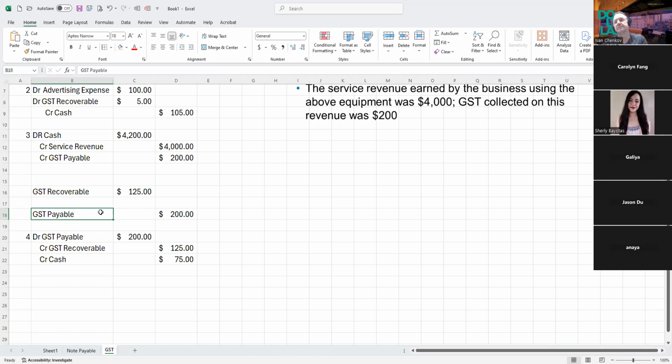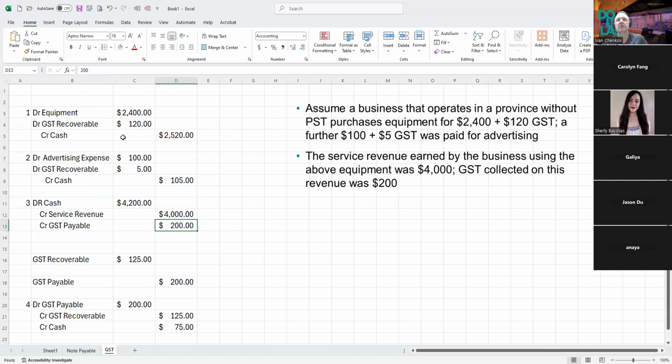What do you think? No, absolutely not. Why? Because you're buying for less and you're selling for more. As long as you're selling for more, you're collecting more GST from the clients than what you're paying to the suppliers.